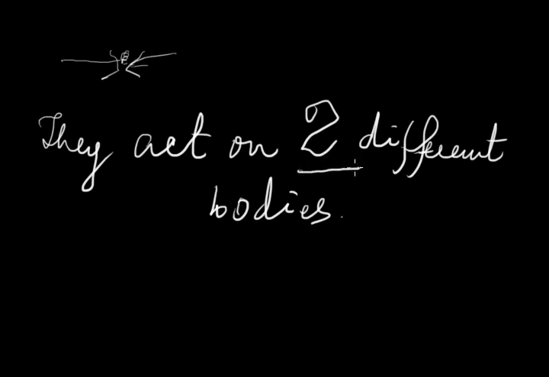This is the keyword. For establishment of equilibrium, two opposite and equal forces should act on a single point or single body, but here they act on two different bodies, so equilibrium will not be established.